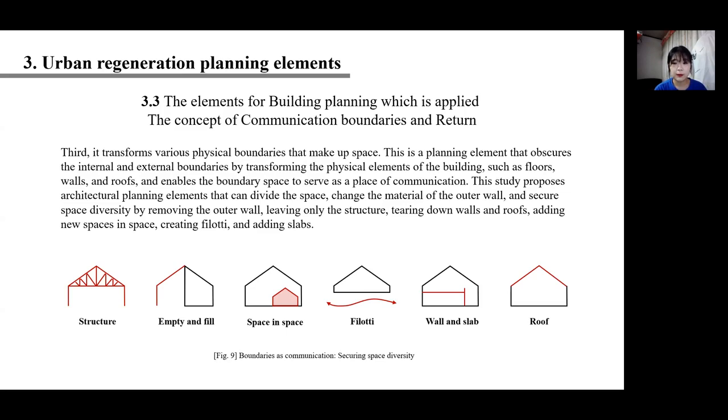This study proposes architectural planning elements that can divide the space, change the material of the outer wall, and secure space diversity by removing the outer wall, leaving only the structure, tearing down walls and roofs, adding new spaces in space, creating a floating space, and adding slabs.